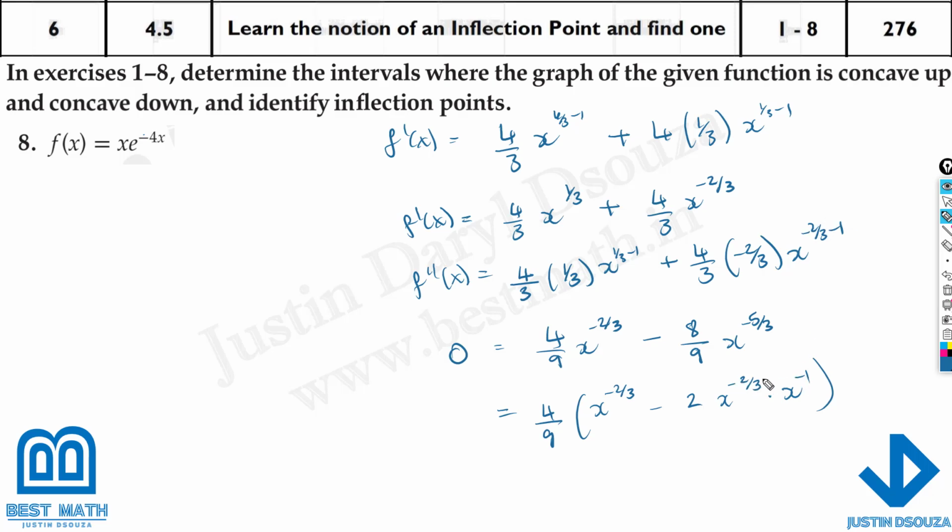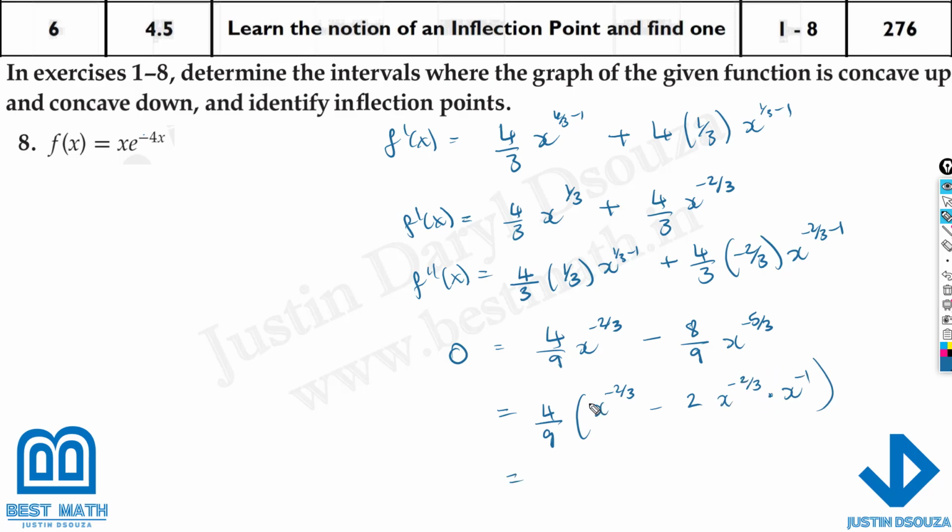Minus 2/3 minus 1. When you add these up, the powers are added up, it's going to be negative 5 by 3. So you can leave it like this only. Even over here, when you're doing this step, you can leave it out. You can leave or split these powers. You can write this minus 2/3 into x minus 1. Because when they are multiplied, the powers are added, the bases are same.